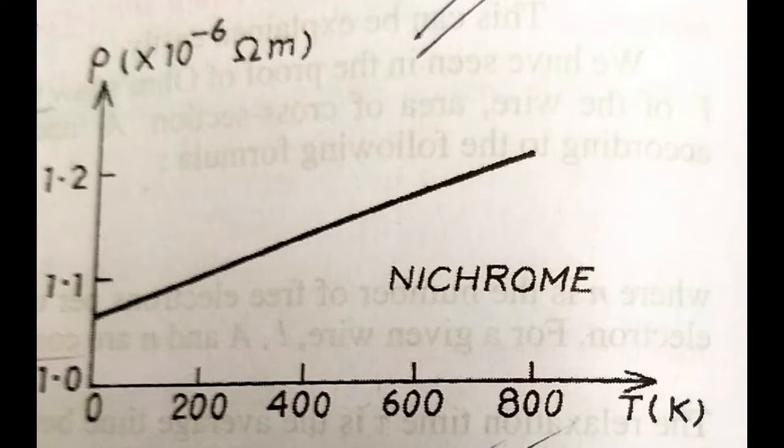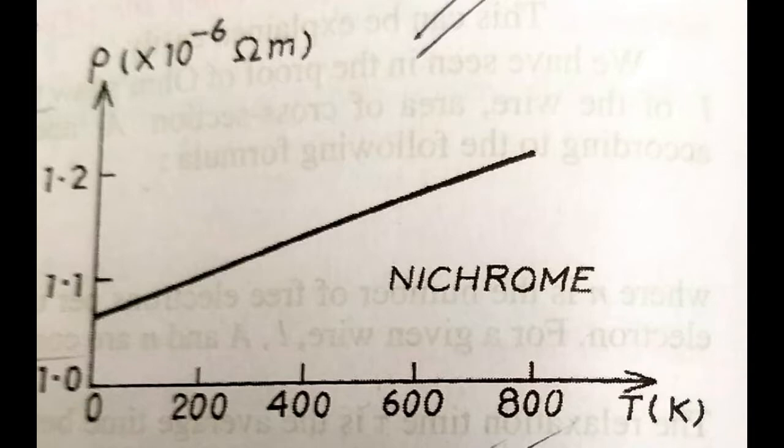It's increasing but very gradually, unlike conductors where resistivity increases very sharply. Nichrome is an alloy, and please note it down in your classwork that alloys have a tendency to show this kind of variation with respect to temperature: the resistivity of an alloy doesn't change much with the change in temperature.